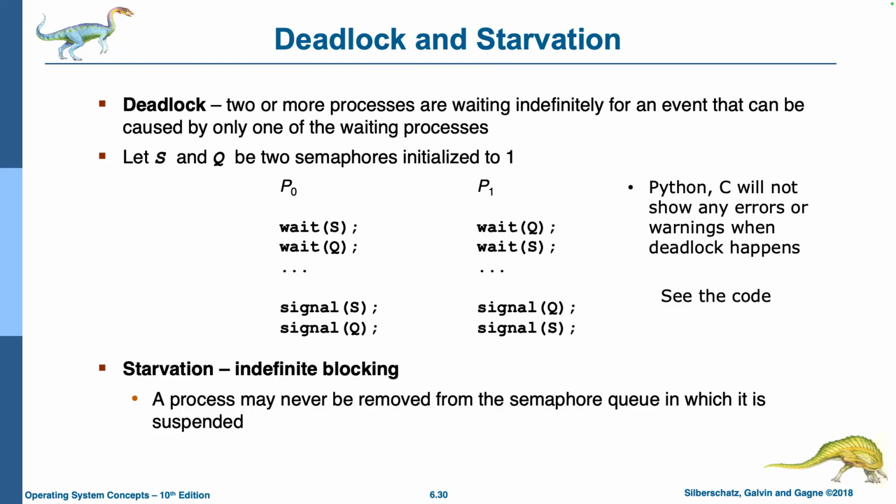Let's see, what's the problem with this? Let S and Q be two semaphores initialized to 1. Is this correct?